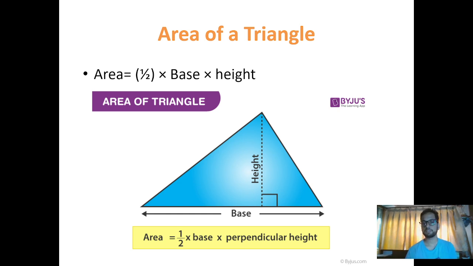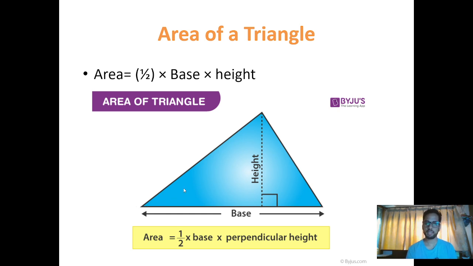Now, what is the area of a triangle? If we were asked what the area is, it will be half of base into perpendicular height. This is the base, and the height according to this base. Let's say you have this side and the height from this side.